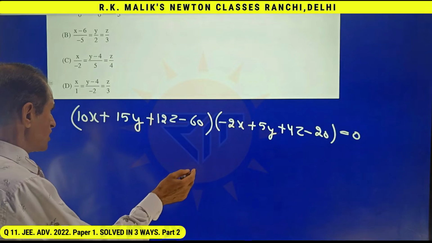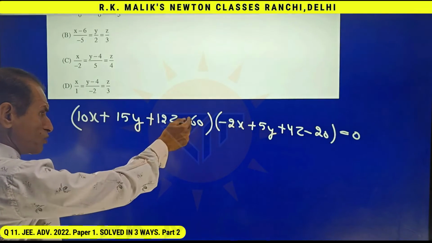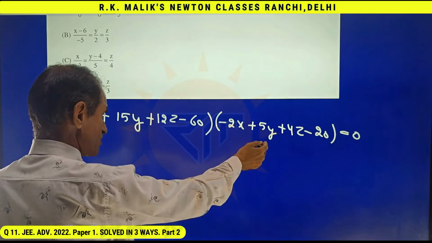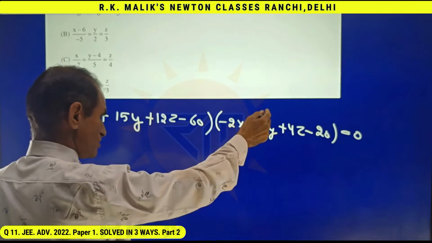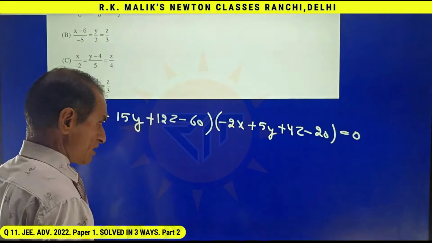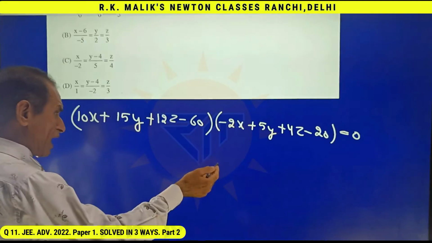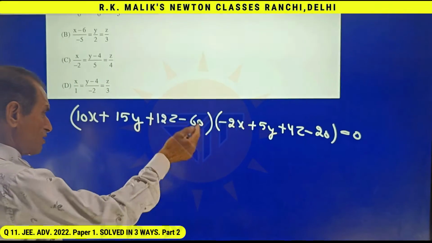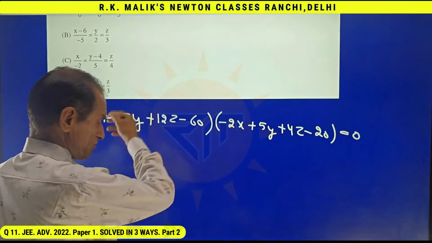Hence, this is 0. And whatever this whole is, it will be 0 for any point on the plane P1. That is, I can say every point of plane P1 will satisfy this equation.